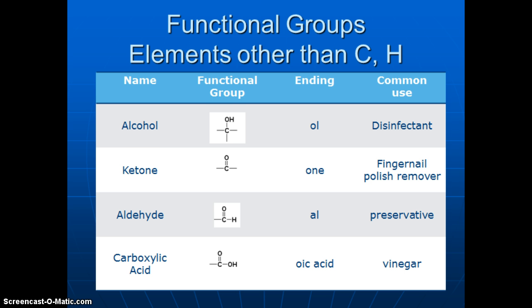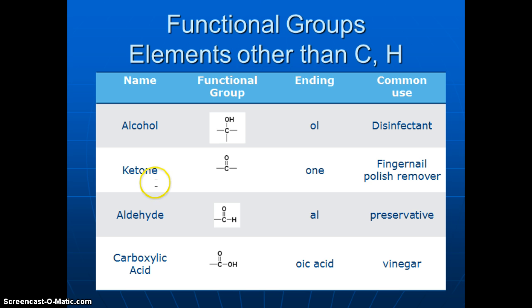Well, somewhere on the molecule there's an O attached to an H. We call that a hydroxyl group, and a hydroxyl group is present in alcohols. If there's an OH in the group, it has an ending in the name of OL, just like alcohol. And you know alcohols that are common, and one use is that they're good disinfectants.